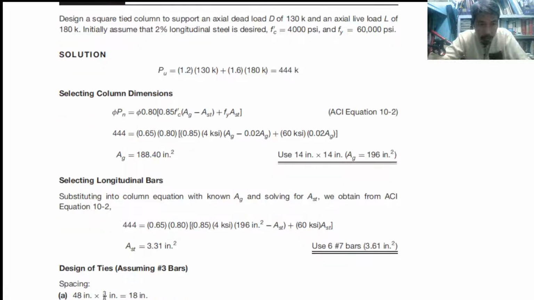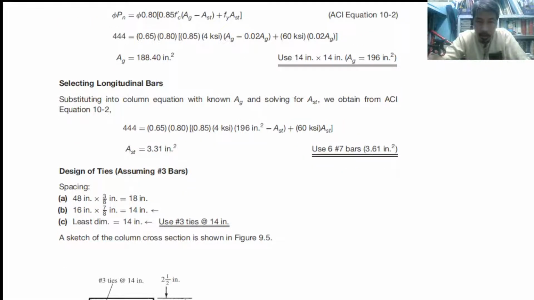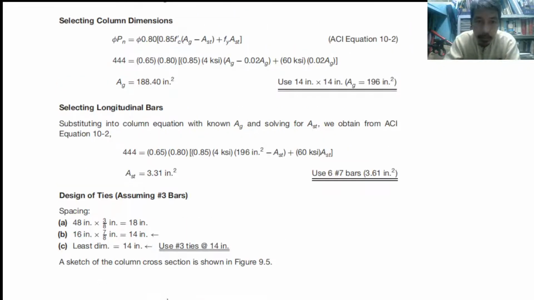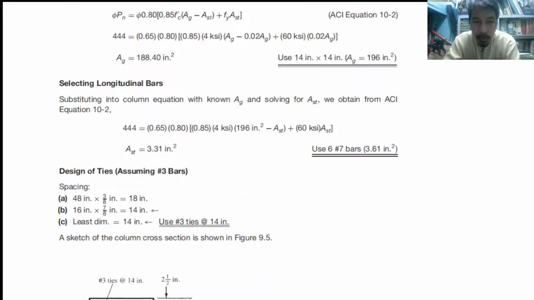So, selecting longitudinal bars. After the column dimension was selected, we have to design the reinforcing bars. So we can find out the value of AST. This is in the formula, but here, as you can notice, we use 2%. Initially assume 2%. That's why we are able to solve, because there are two unknowns, one equation, two unknowns.